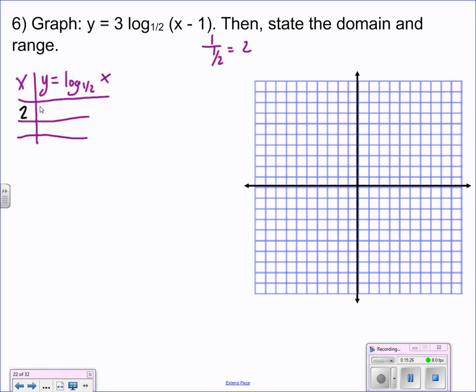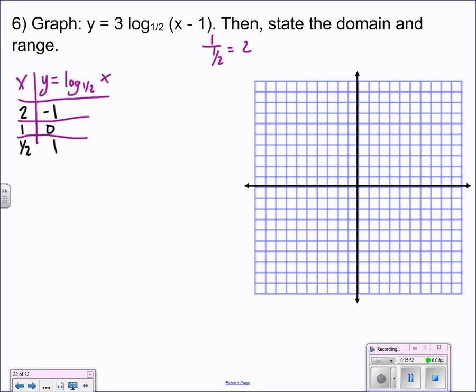So it's 1 over b, comma, negative 1; 1, 0; and then b, which is 1 half, and 1. Those are the basic points for the parent function. So let's graph those.